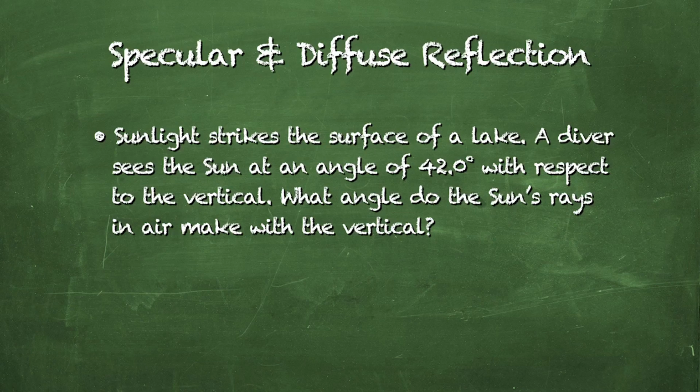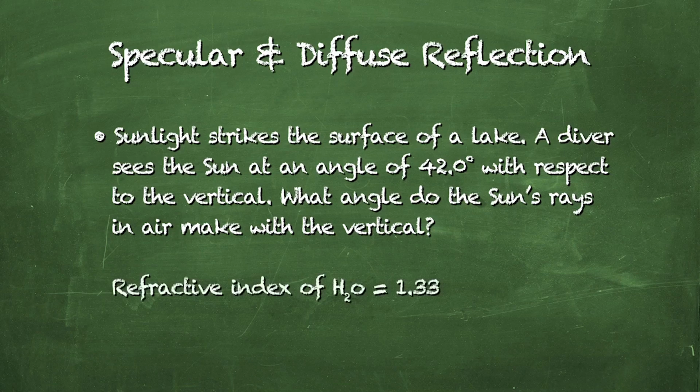Now, to answer this, you actually need one more piece of information, and that would be the index of refraction of water, which is 1.33. So use 1.33 for the index of refraction of water. So draw your diagram and please get started answering that question.